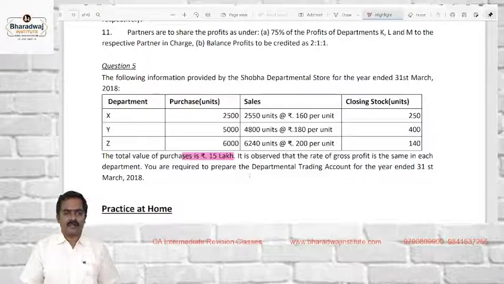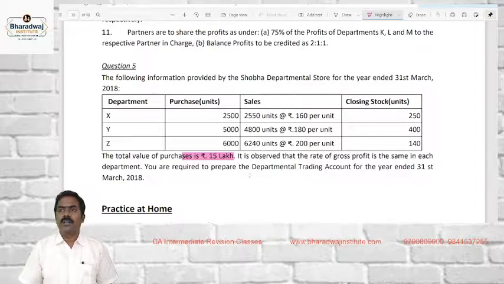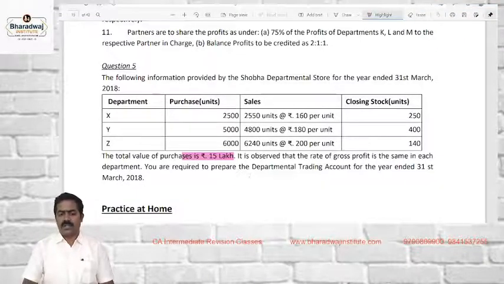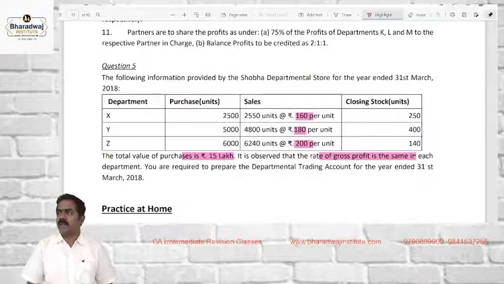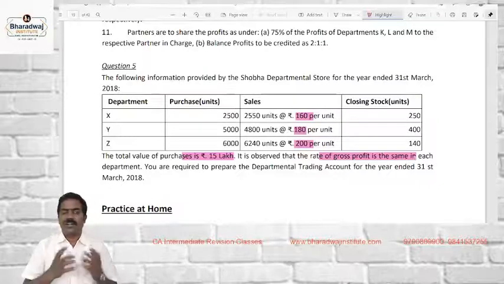You get 111.11. But if you look at selling prices, 160 for this, 180 for this, and 200 for this, and they are telling you a uniform rate of gross profit in all the departments. So you cannot divide like that.